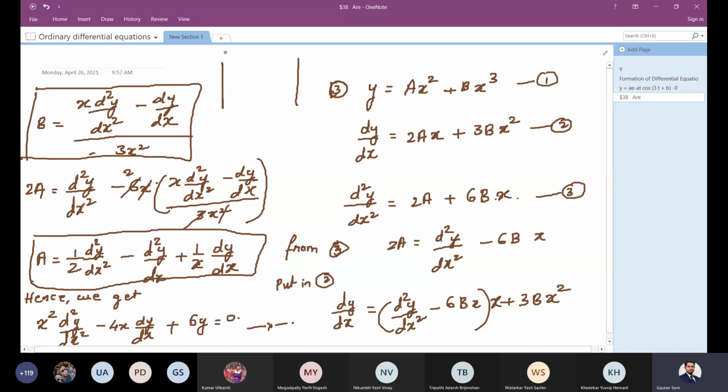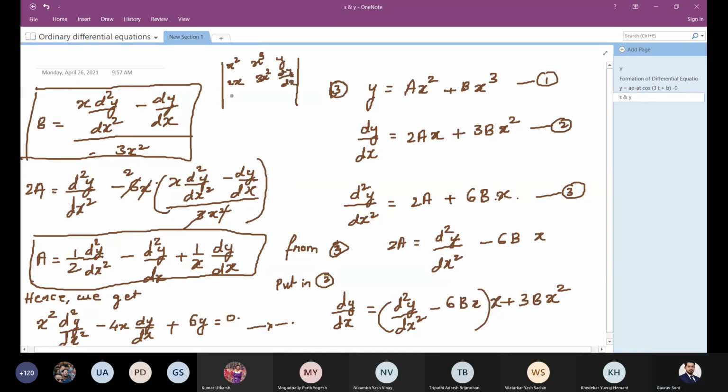In that case, I will have to collect the coefficients: x square, x cube, y or minus y, whatever methodology you are using. Then the second row: 2x, 3x square, dy by dx.